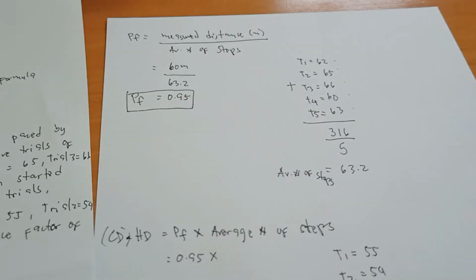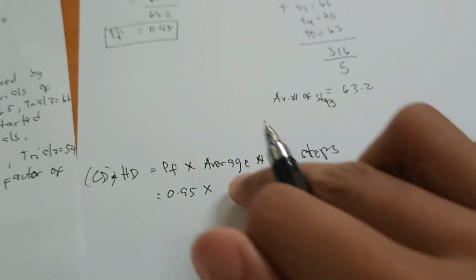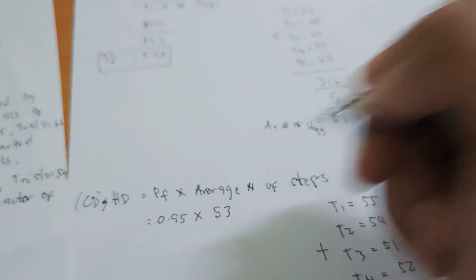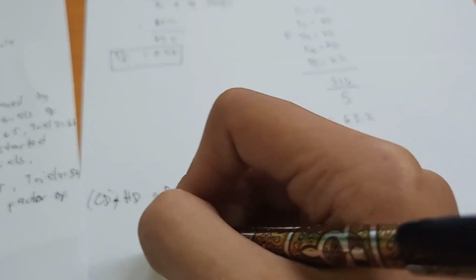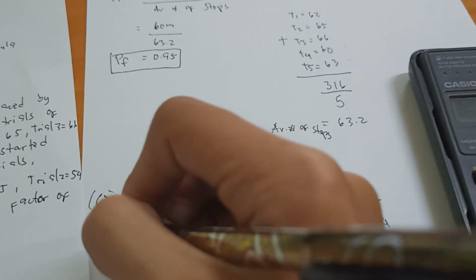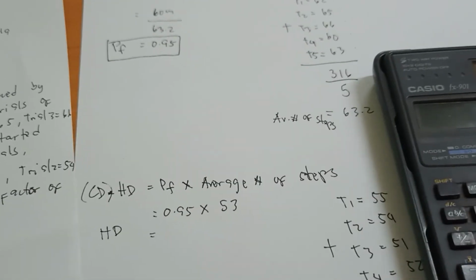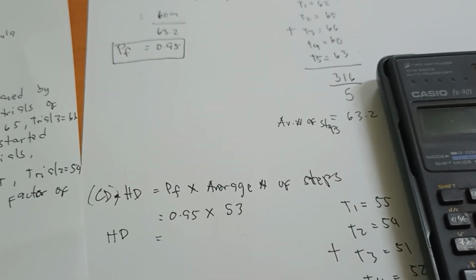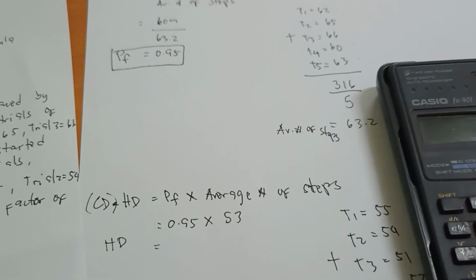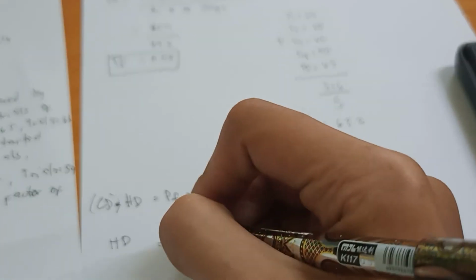So what you do is multiply this. Put the 53 in our formula. We have 0.95 times 53. HD is equal to 0.95 times 53, which is equal to 50.35.